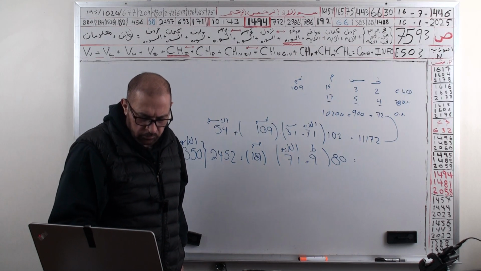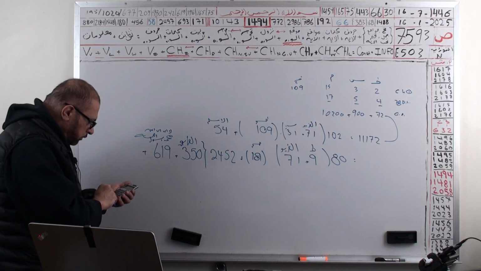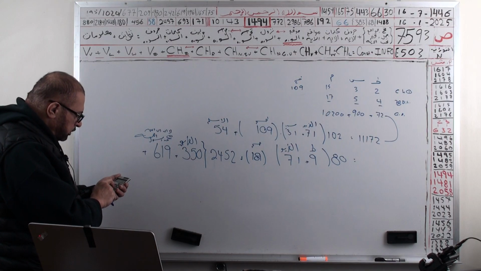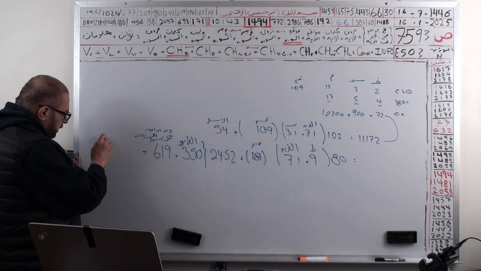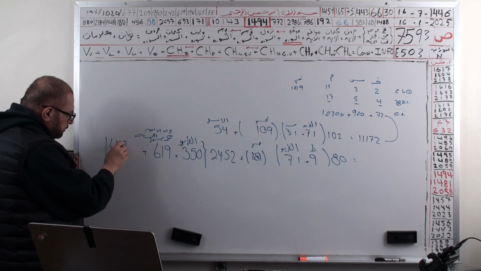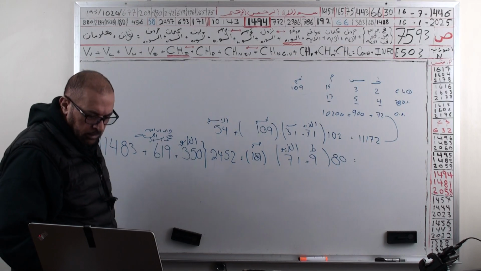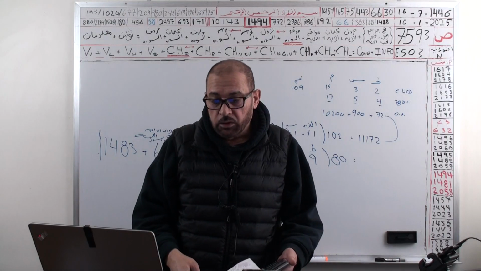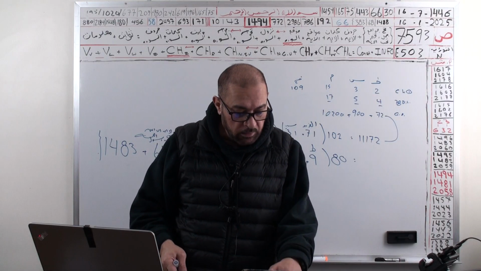So take out of this one At-Tariq 619. What is left is 1483. Okay, 1483. What is 1483? This is the year when the end of Islam comes.